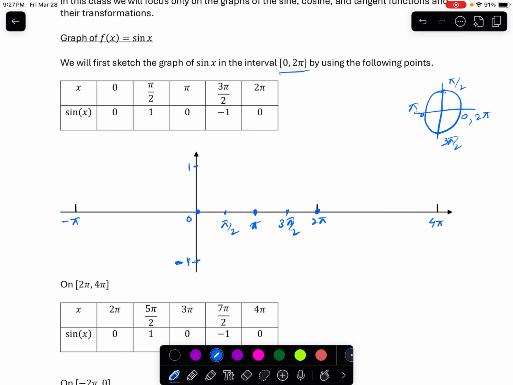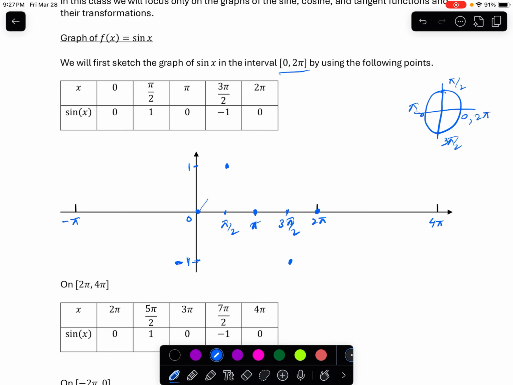And then at pi over 2, the function will have a value 1, which is the highest value it will take. And then at 3 pi over 2, the value is negative 1. So I have a point here. These 5 points we have to join to make our graph.